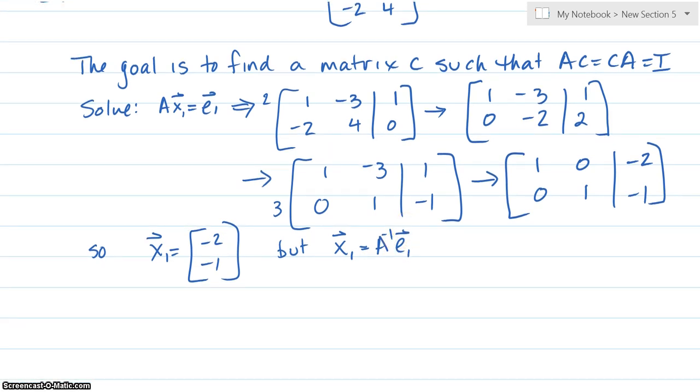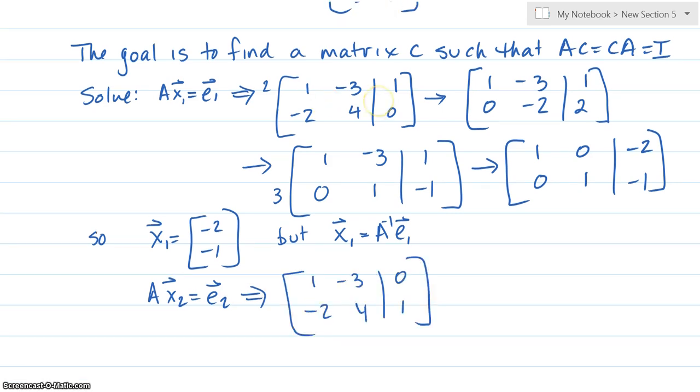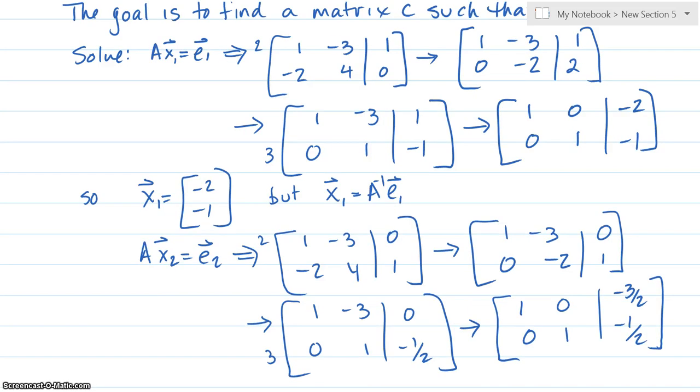Let's do the same thing for AX2. We'll call it x2, equals E2. So what do we have? The same as above, except now it's 0, 1. And when we do the same steps, everything's going to be the same as here. The only thing that's going to be different is this last column. When you multiply your row by 2, for instance, this will now be a 1.